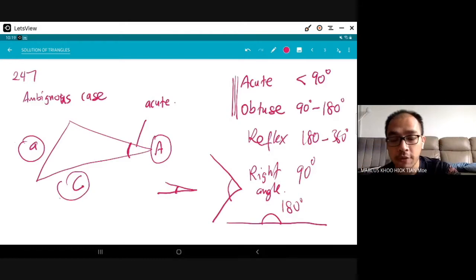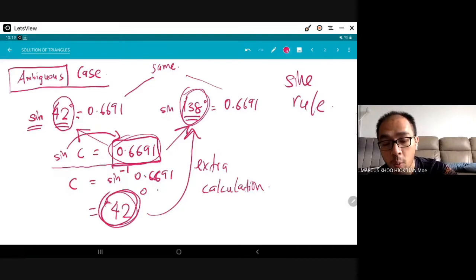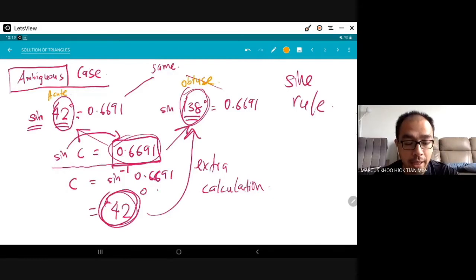Because if you take a look, in an ambiguous case, one of the angles is an acute angle, and the other angle is an obtuse angle. Let me repeat. In an ambiguous case, as I said just now, there are always two possible answers because we are using the sine rule.